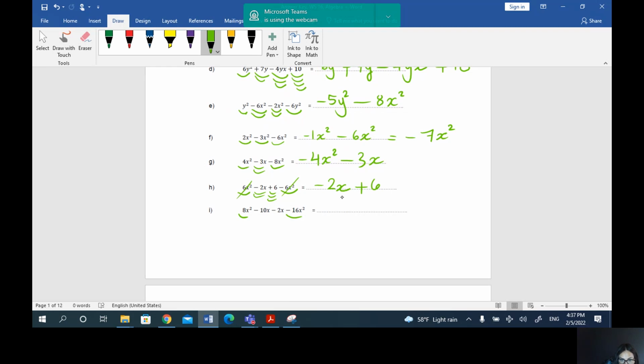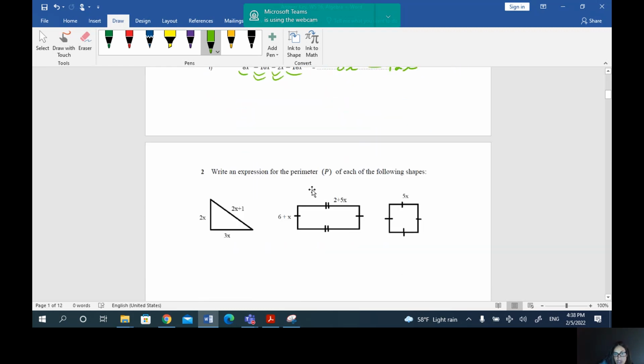So 8 minus 16 is minus 8x squared. Minus 10x is a like term to minus 2x. Minus 10 minus 2 is minus 12x. So this is the collecting of like terms.